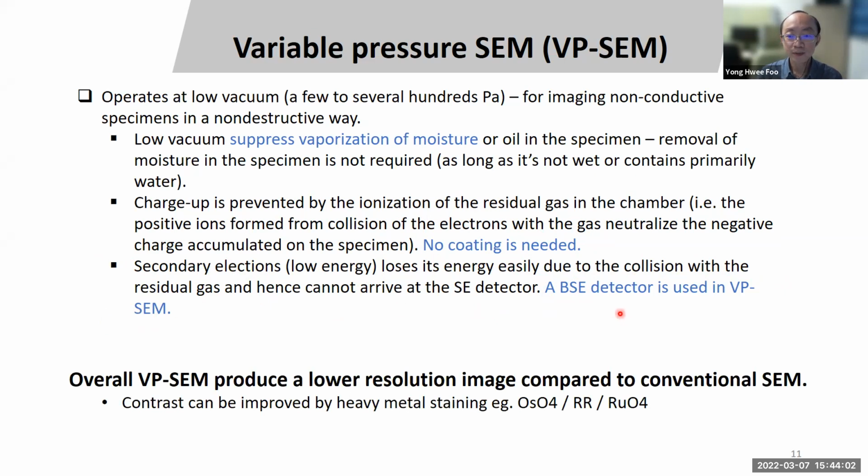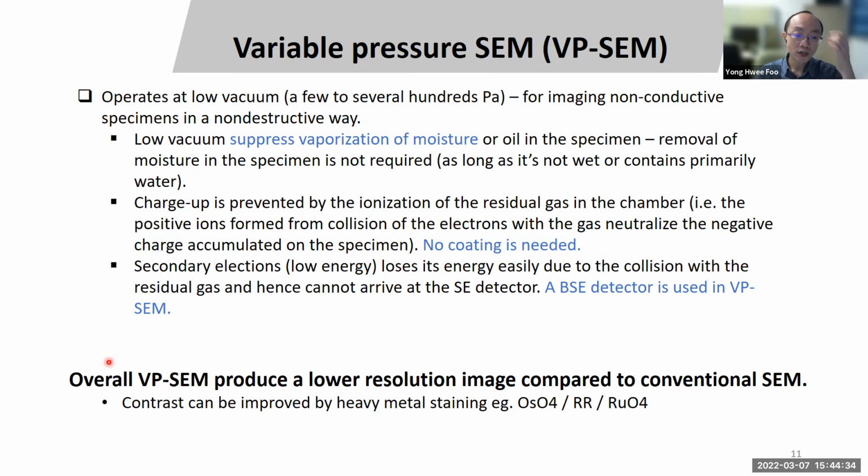The result of this, because you are not detecting secondary electrons, which give you a higher resolution, you are using a BSE, and you don't have any coating, because the metal coating in a conventional SEM does give you additional signal, and because there's no coating, right, overall VP SEM tends to produce a lower resolution. This is the sacrifice for skipping all these sample preparation steps.